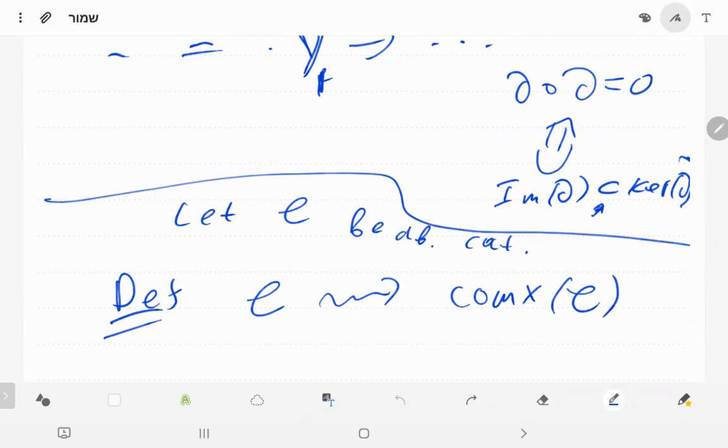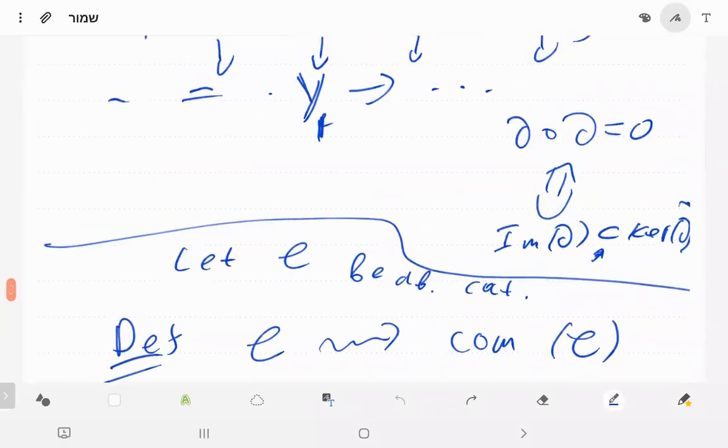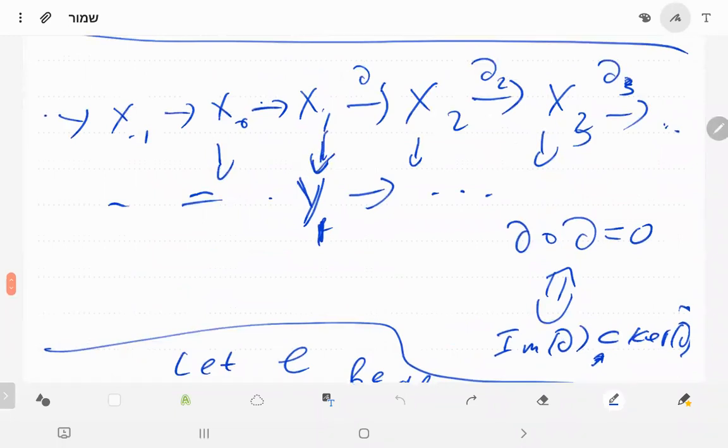In order to define it, you don't need it to be abelian, you just need to have 0, but let's do abelian category. So we can define the category of complexes over C to be the category of complexes with objects in C, and morphisms between two complexes defined to be a set of morphisms such that the diagram is commutative.